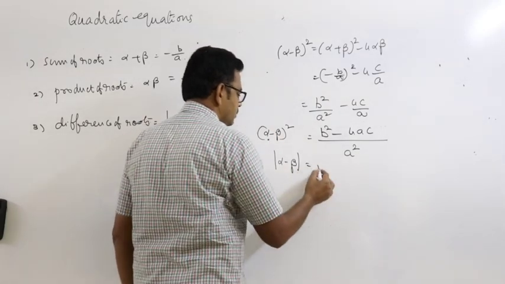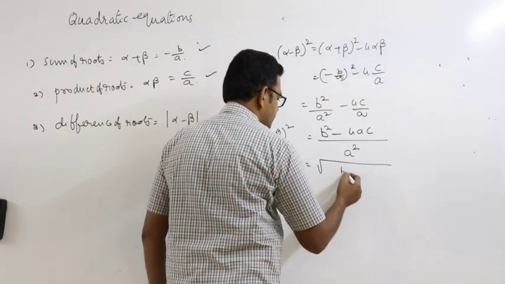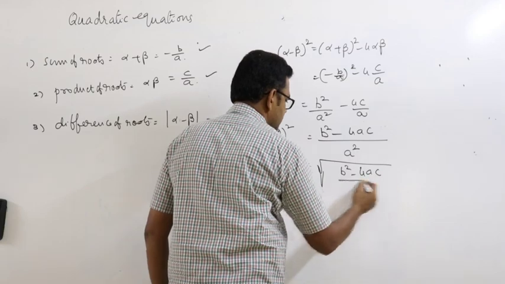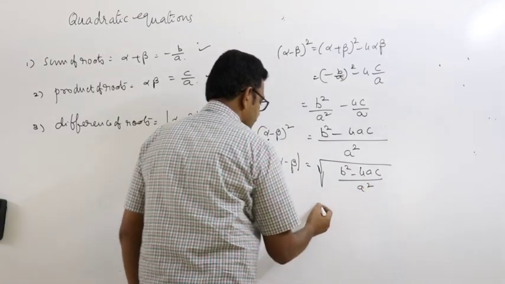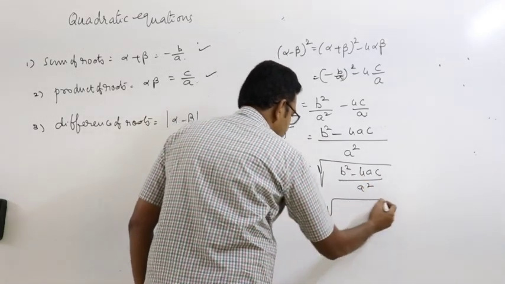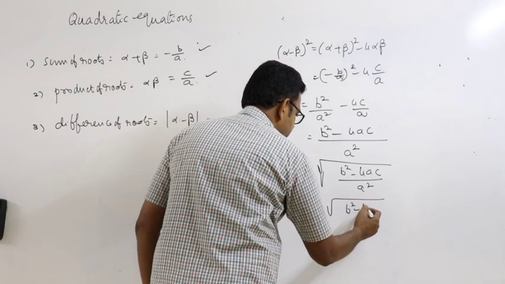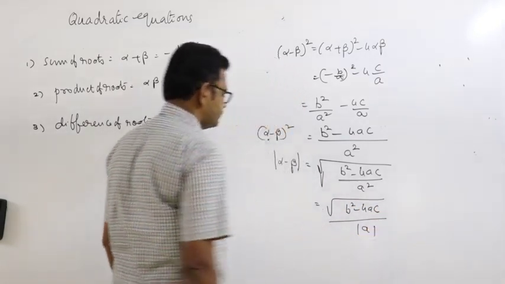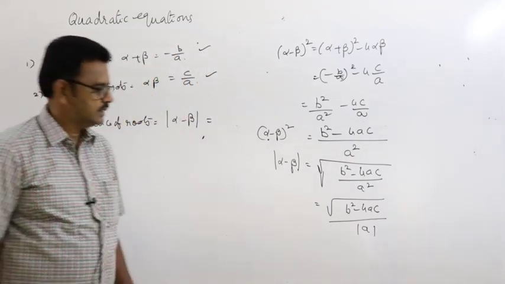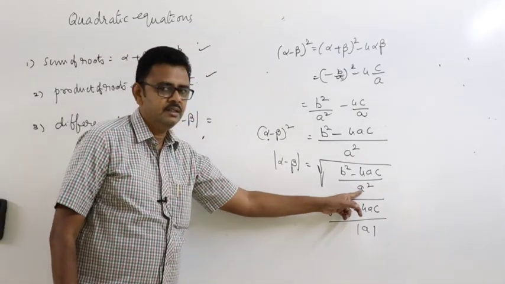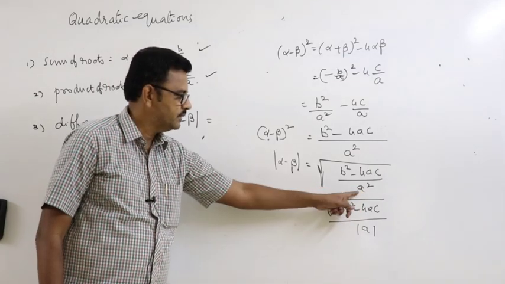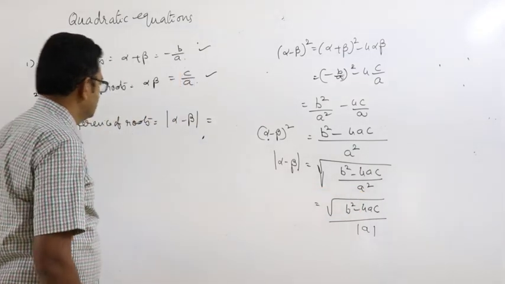Equal to square root of b square minus 4ac by a square, which is equal to root of b square minus 4ac by mod a. Already we discussed earlier the square root properties. Root of a square is mod a.